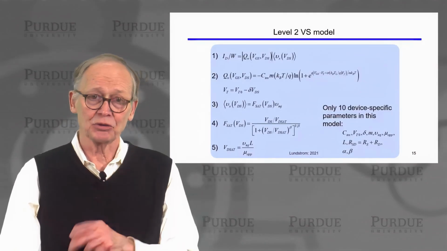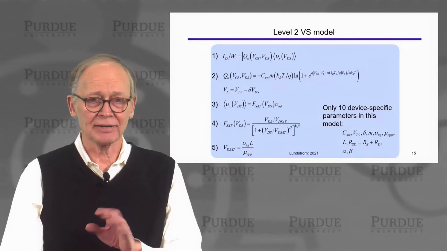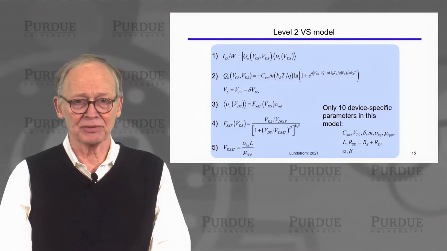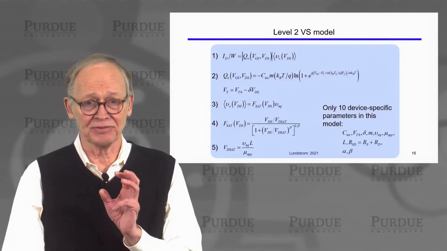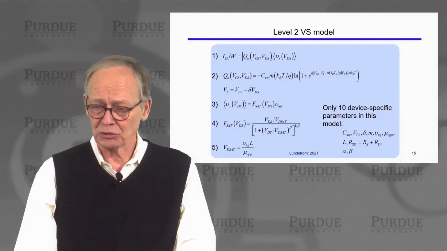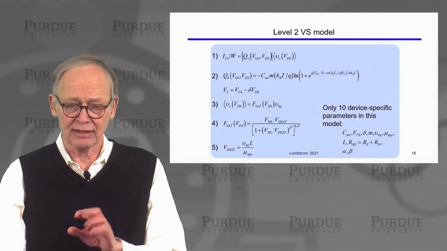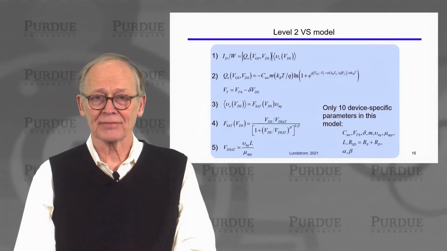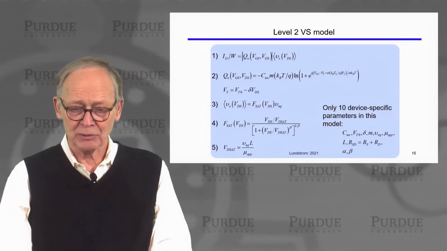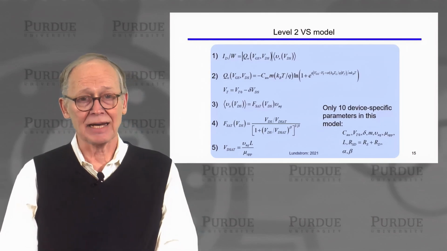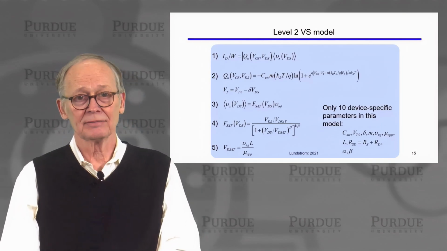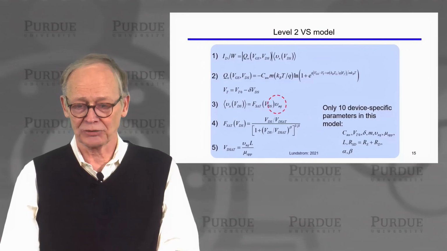Well, those two parameters, and they're not empirical parameters that we adjust to fit data, they have a sound physical meaning. With those two parameters, we can take our level 2 virtual source model and we can extend it so that it accurately describes modern short channel MOSFETs.